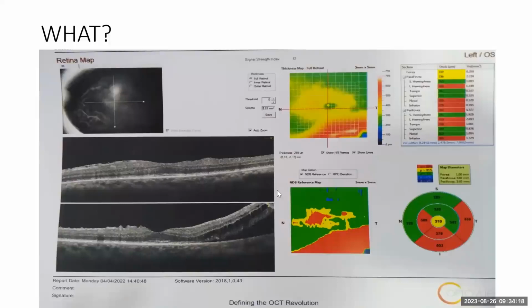Yes, at the periphery. Then the epiretina, the ILM, looks irregular. There's a retinal membrane actually in the first photo. Okay, thank you, sir.